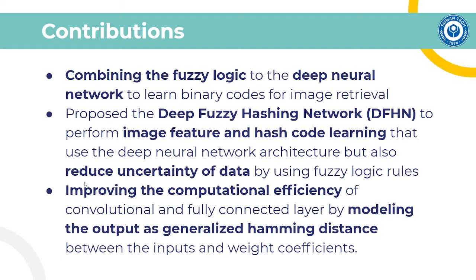But they also reduce the uncertainty of the data by using fuzzy logic rules in the neural network. It can improve the computational efficiency by changing the convolutional and fully connected layers, using another output, which is the generalized Hamming distance between the inputs and the weights.